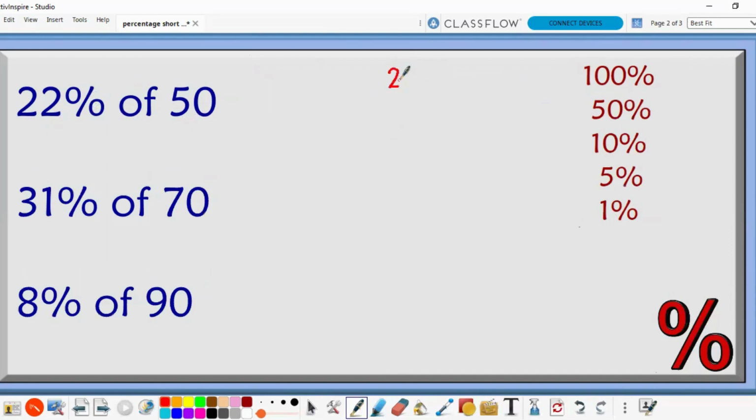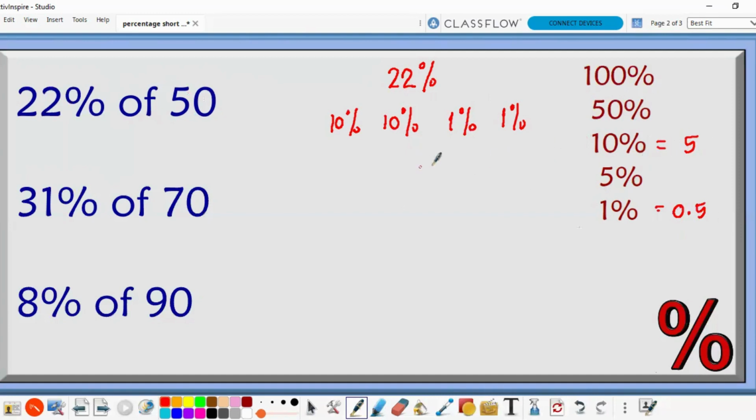So what we will do is factorize 22% using these numbers. We can factor this out by using 10%, another 10% to make it 20, and then we have 1% plus 1% to complete the 22. The 10% of 50 is 5, and the 1% of 50 is 0.5.